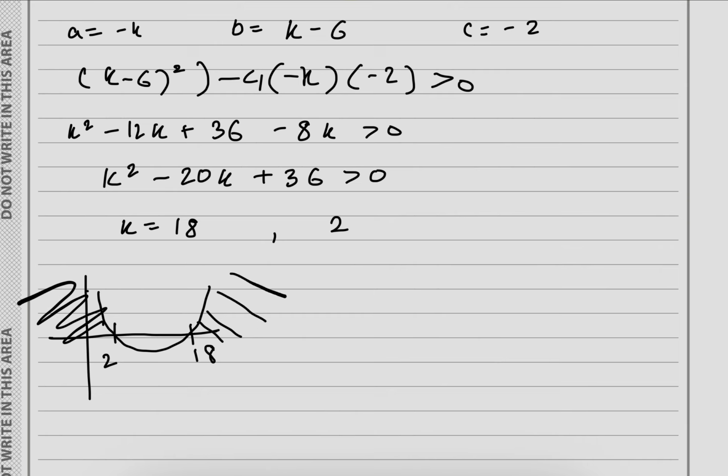So how do we write this? What regions are shaded? At 2 and 18, k has to be less than 2 or greater than 18. And write an or in there, and that's about it.